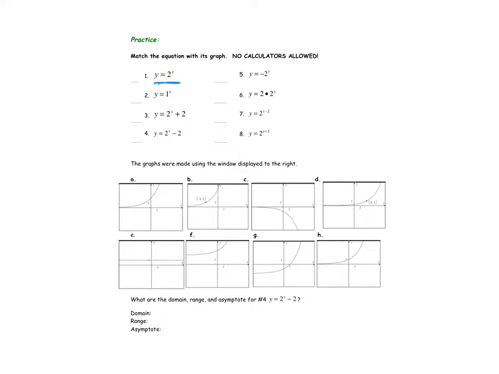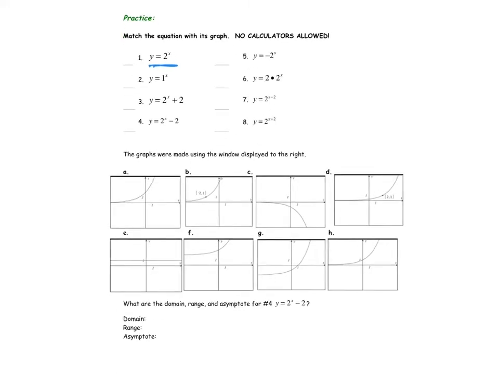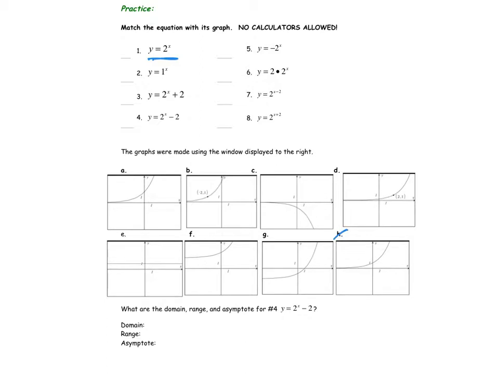That graph is going to go through 0, 1 and 1, 2, and it's going to be growth because the base, b, is greater than 1. So I'm going to look for a growth function that passes through 0, 1 and 1, 2, and that looks like it will be h. So the parent function is h. And then we're going to look at the other ones and see how they're transformed.